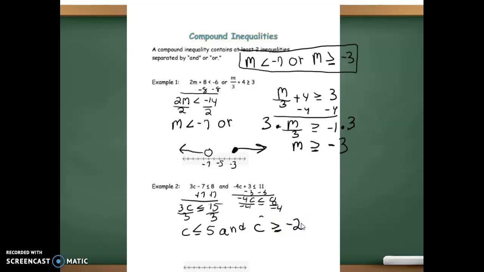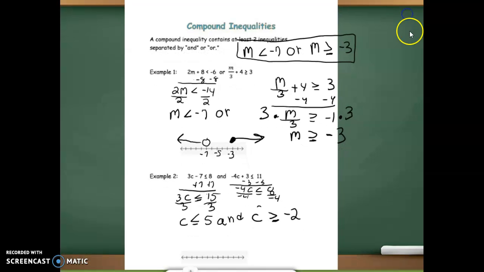All right, now let's see what that looks like on the graph. I'm just going to put our numbers here. All right, so if you look at this one, the main numbers are negative 2, right?